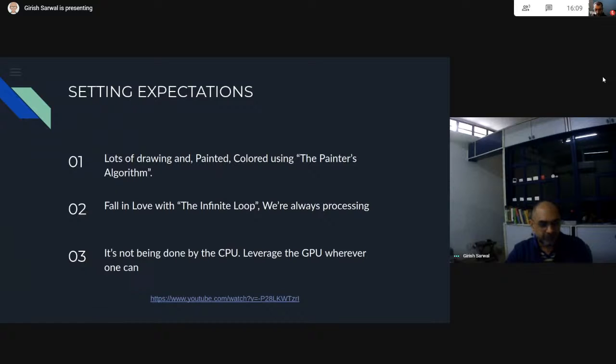When we talk about graphics, when we talk about drawing anything, or putting anything on the screen, that includes things like mouse pointers, or buttons, or standard UI elements versus stuff like images, or real-time frames, we end up doing a lot of drawing and a lot of painting.